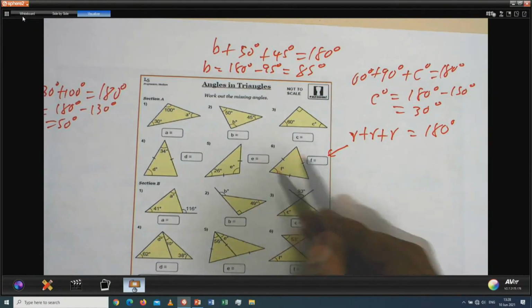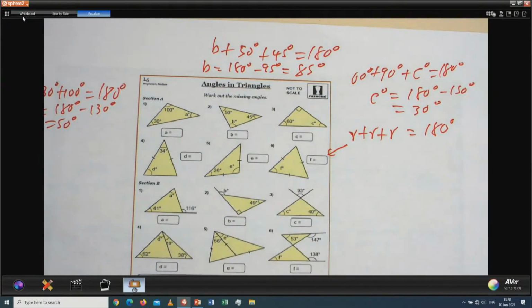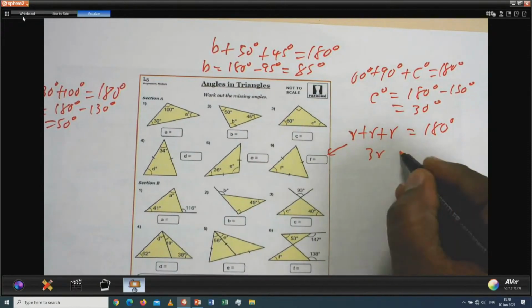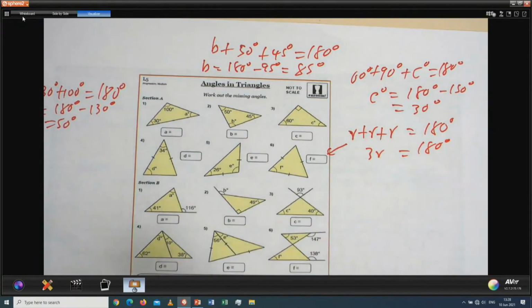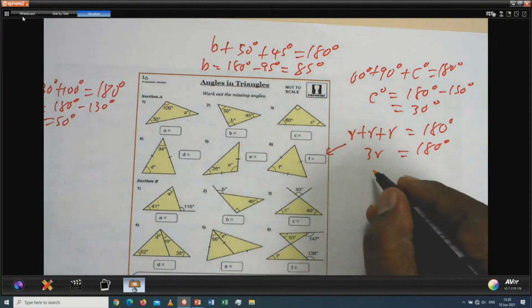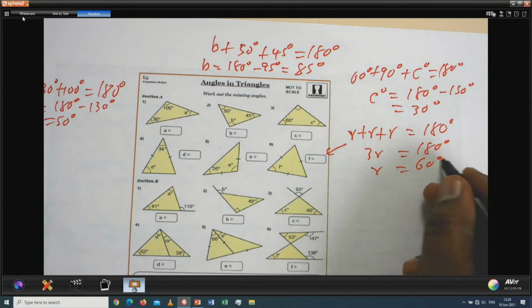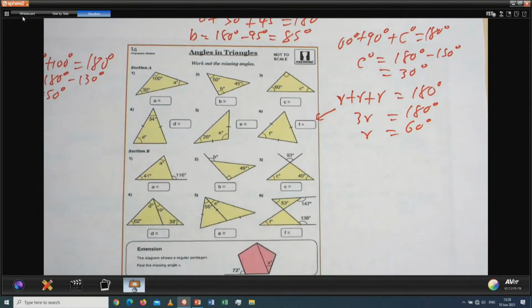For a fact, this is a triangle, when you add all angles, 180. And you know all angles equal R. But how many R's are there? Three of them. They should give you 180. Then each angle will be 60 degrees. You see now? That's very important to analyze and understand.